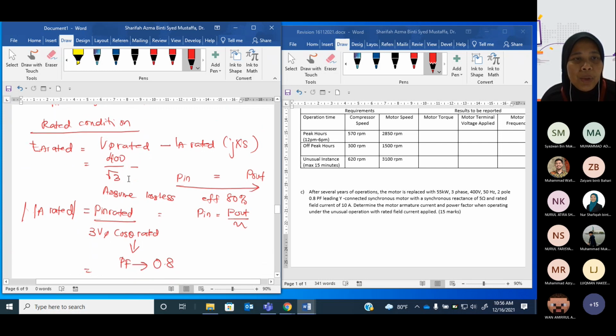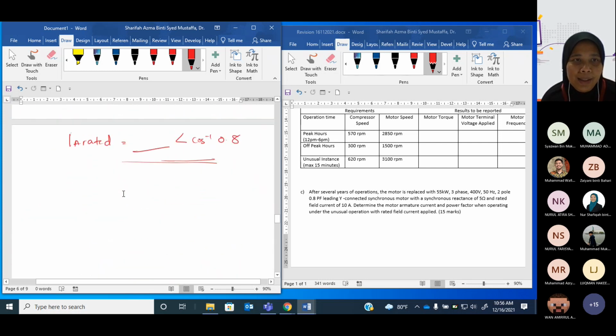From EA rated, you can get your K flux rated. So katakanlah at the new operation, the unusual operation, it operates at 70% of the rated field current. So dia akan dapat 0.5 K flux rated lah. So baru akan ada value.